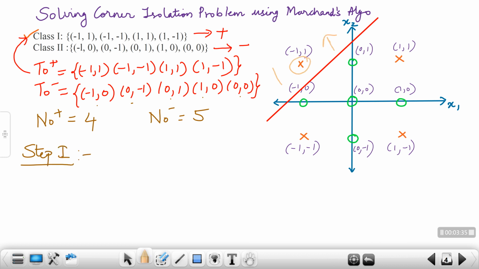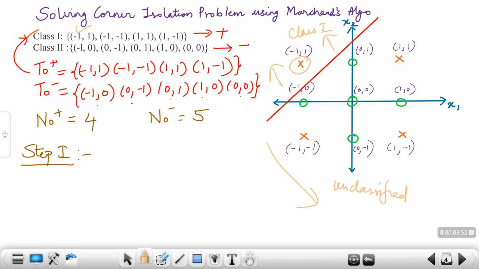Whatever is on this side of the line is completely classified, and this pattern -1, 1 belongs to class 1. So one pattern of class 1 is completely classified, and on the other side it is unclassified.